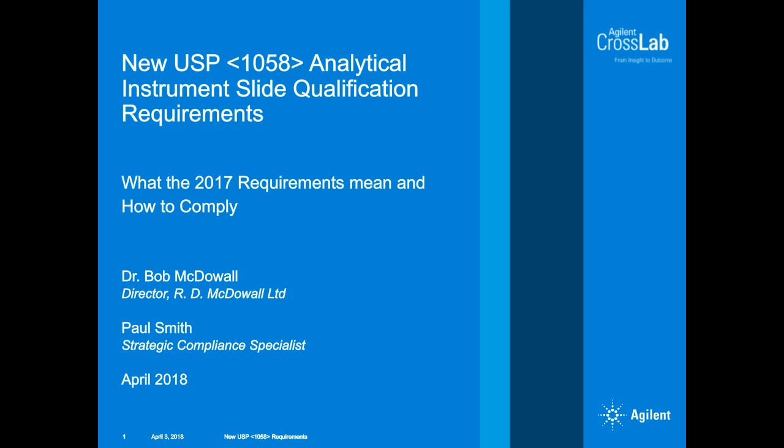So, for example, if you are having a method that has a 1 milliminute flow rate, you can relate the retention time, consistency of retention time back to the URS in terms of reproducibility of that flow rate.